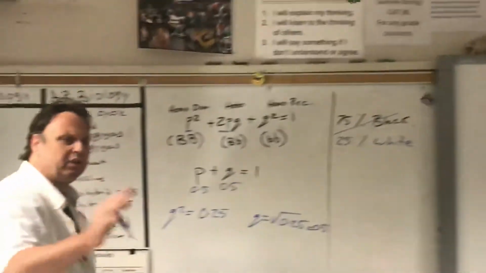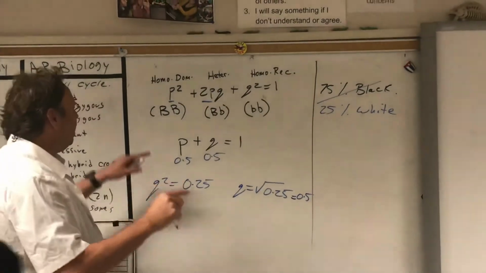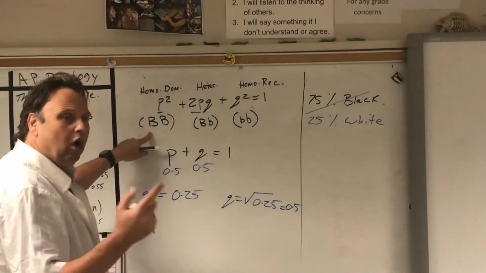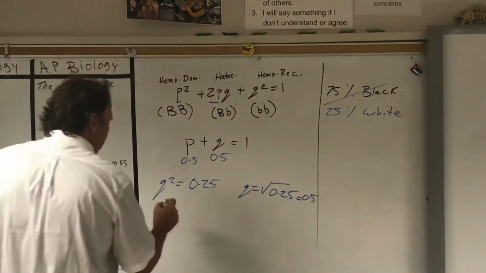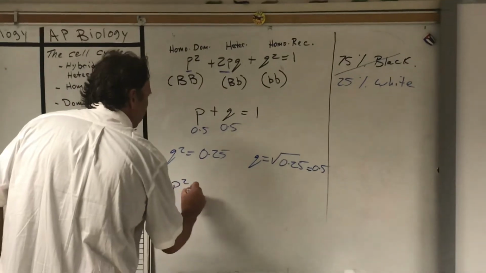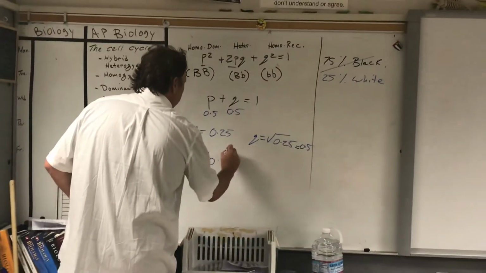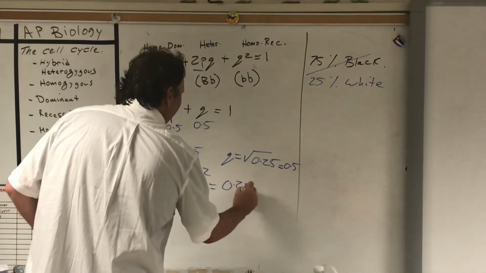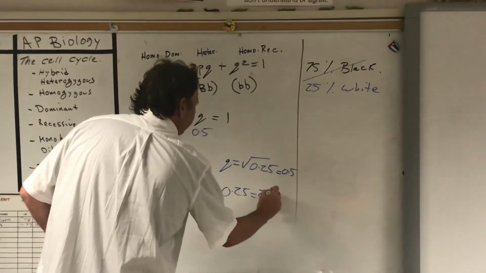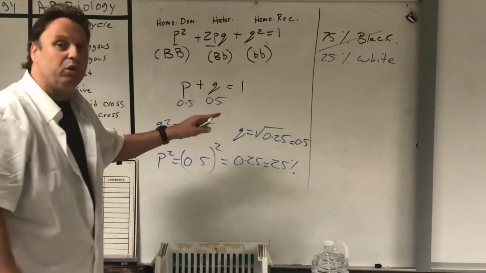Now, no matter what you're asked, let's say they ask you, what percent of the population is homozygous dominant? So homozygous dominant is p squared. So p squared equals, you just go to your p, 0.5 squared, which is going to be equal to 0.25, which is equal to 25% of my population. It's that easy. Once you have p and q, you have it all.